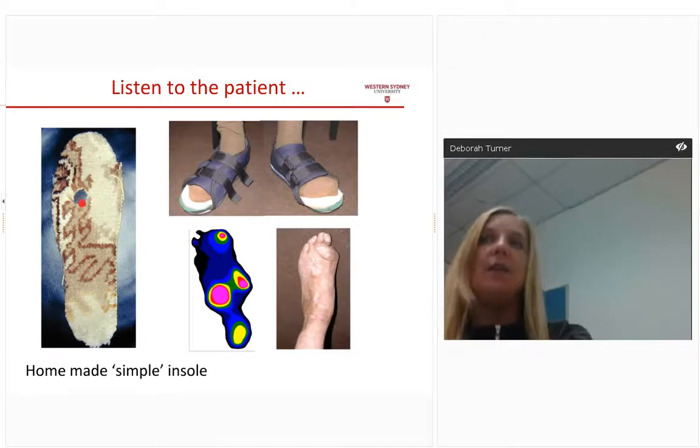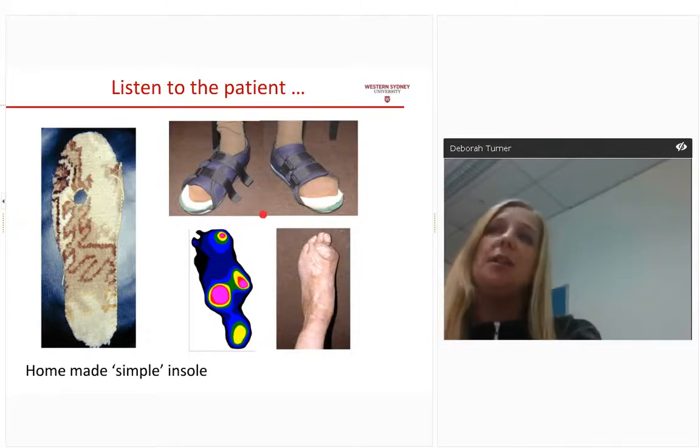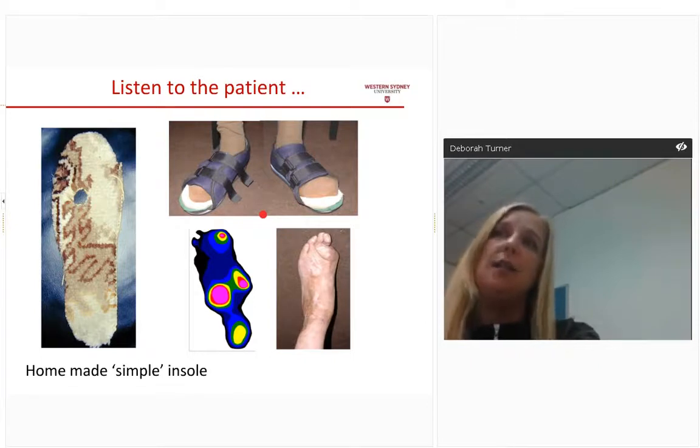This is a picture again of how a patient has tried to self-manage their foot problems. This is a patient with rheumatoid arthritis who, as you can see, has quite advanced forefoot pathologies, but also complete midfoot collapse of the medial longitudinal arch.